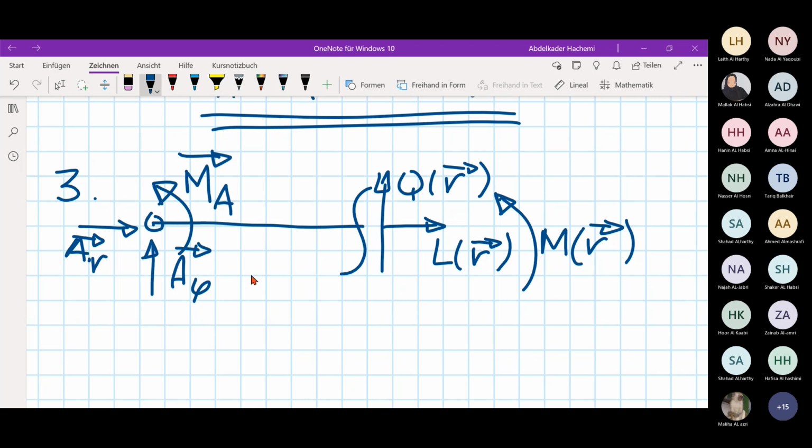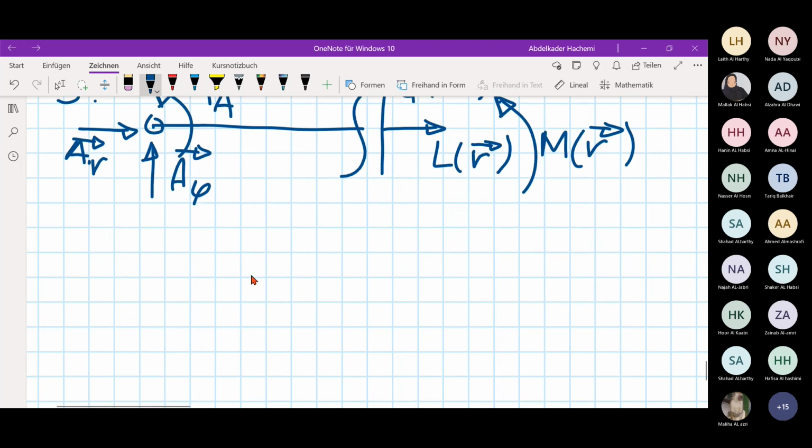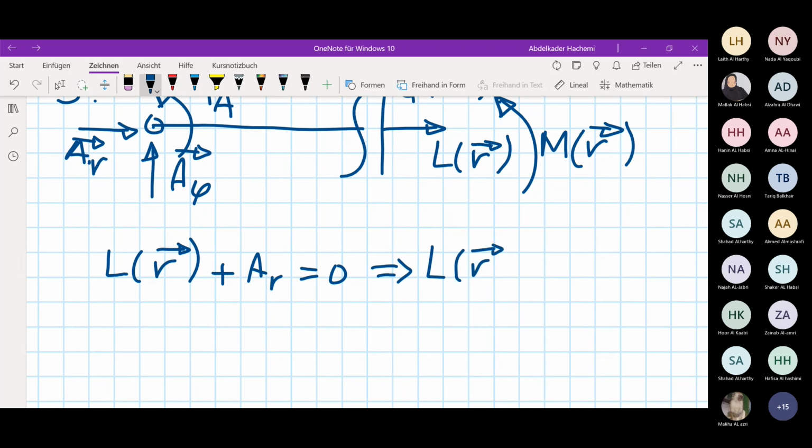If we make the equilibrium, then we have LR as function of R plus AR is equal to 0. And we get L as function of R will be minus AR. And AR we found is only minus S. This is one part.